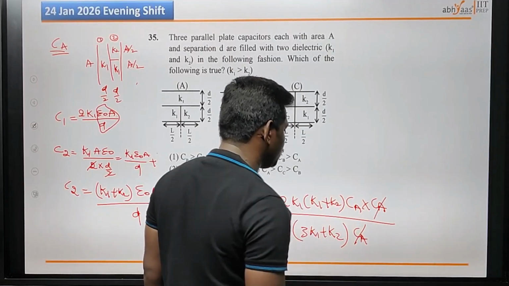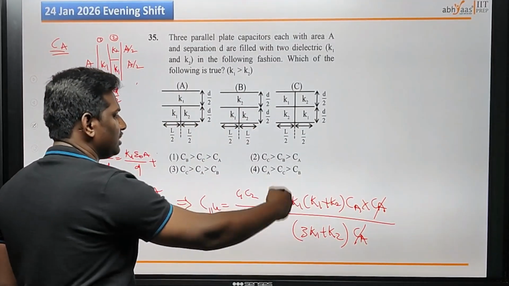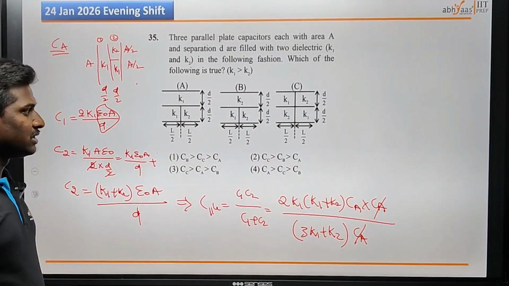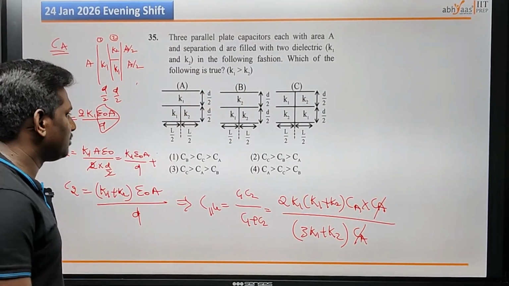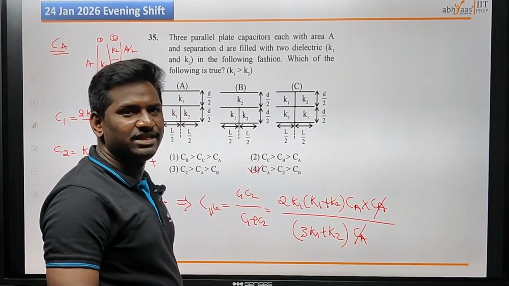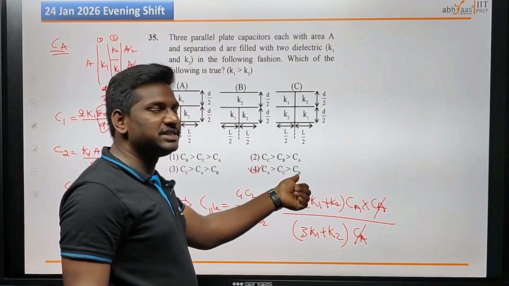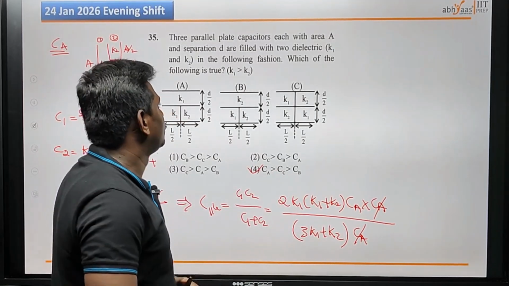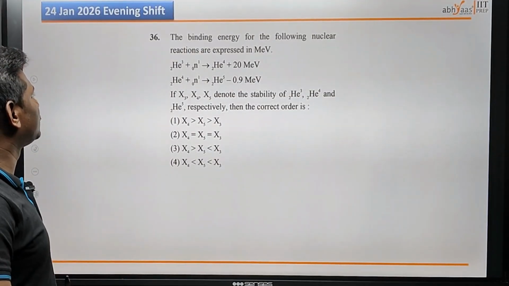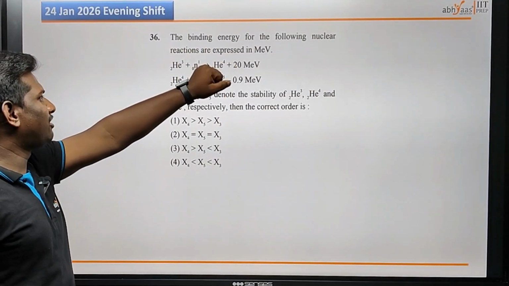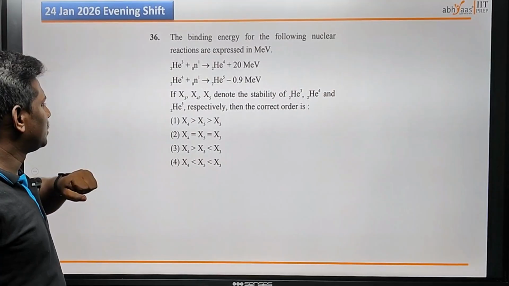If you cancel these two, you will get the CA value. If you find CB and CC, you will get the option CA is greater than CC and CC is greater than CB.